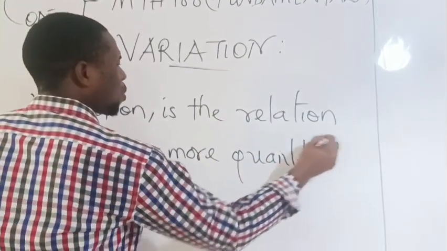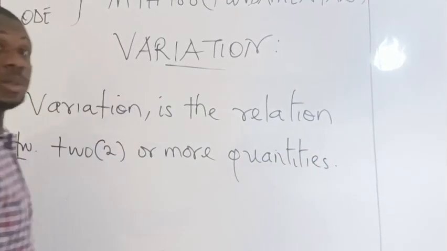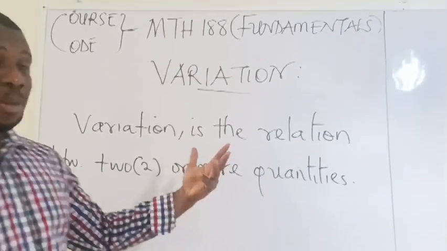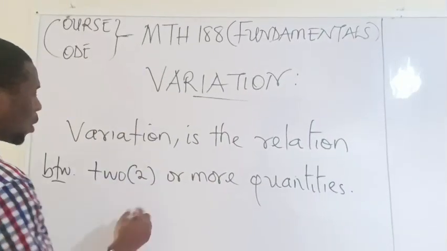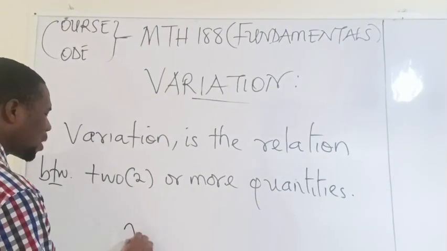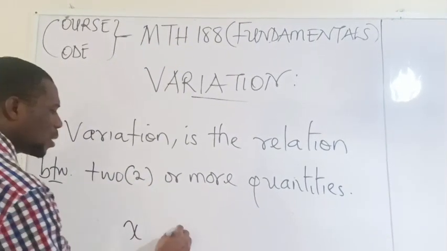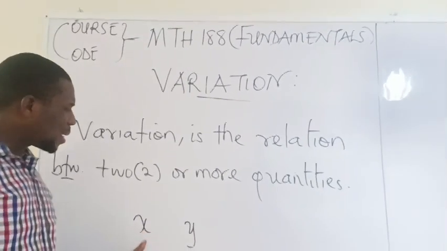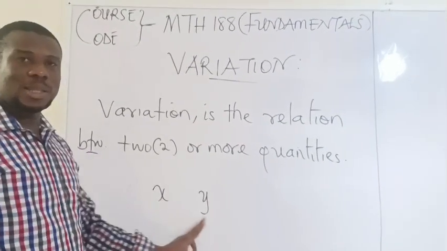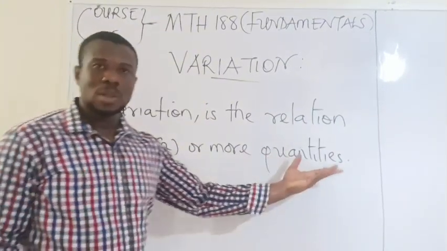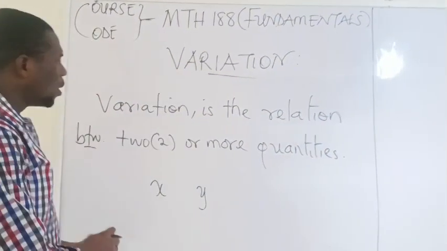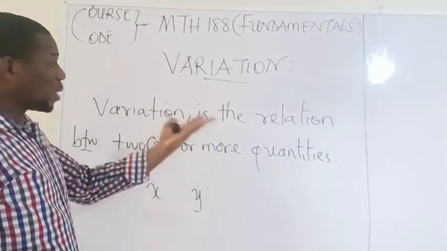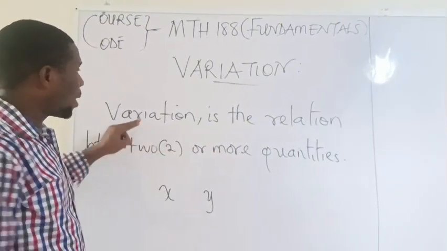Now, there are times we could use the word variables. The word variable simply implies that I could represent a quantity with a letter of the alphabet, say X, say Y, and if you like, you could stick in a Z. And if I could replace different values for these letters, I could use the word variables. So the relation that exists between two or more quantities or variables, we call that variation.